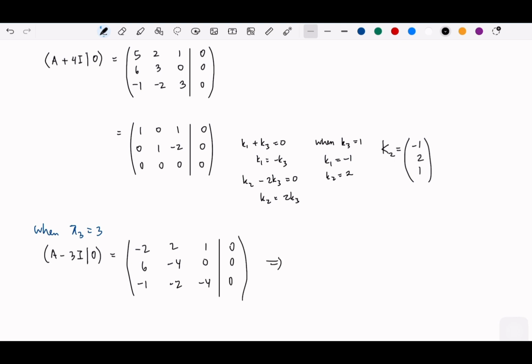So by row operations, it will result in 1, 0, 1, 0, 1, 3 over 2, 0, 0, 0.